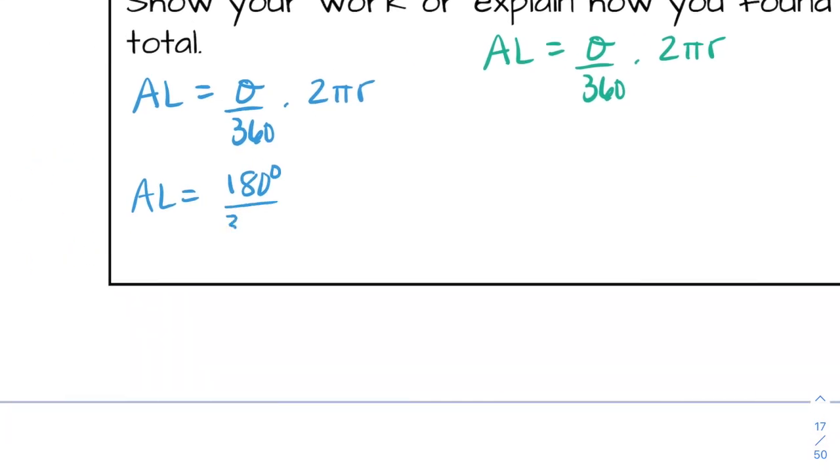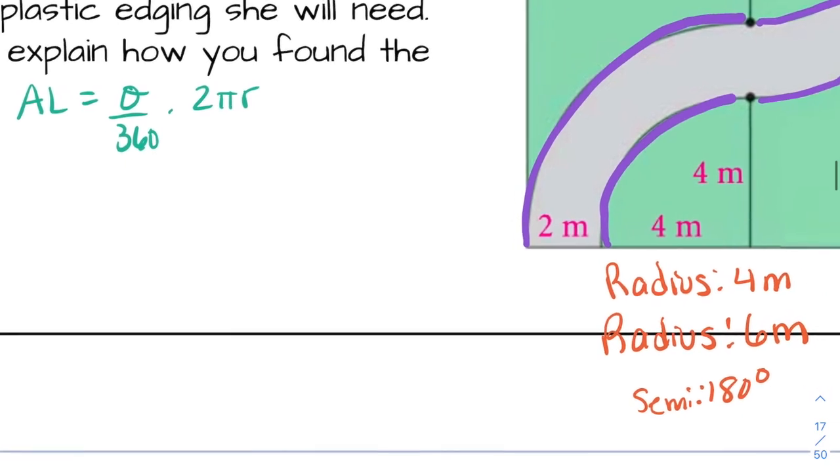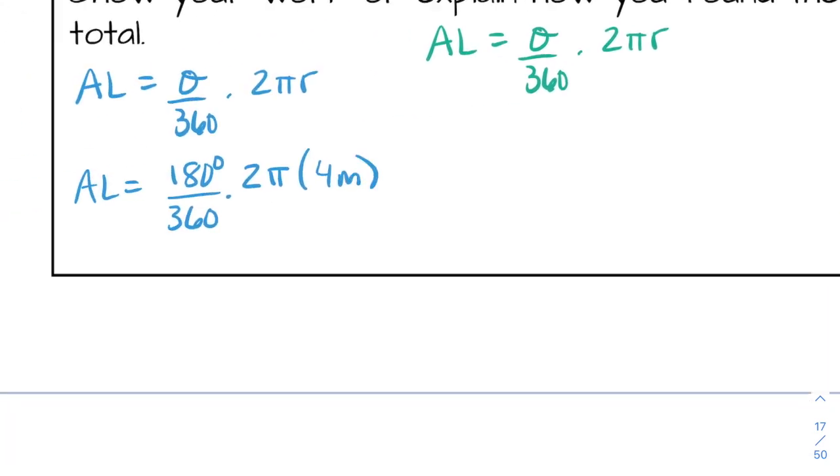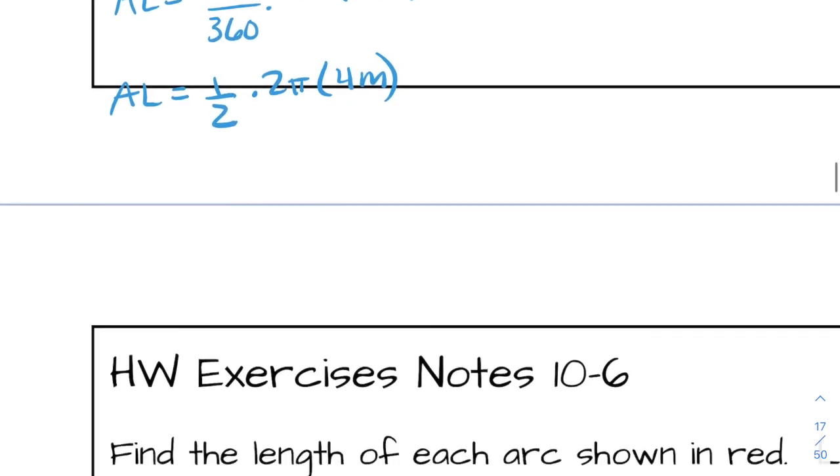So 180 over 360 times 2 pi 4 meters. Arc length equals half of 2 pi 4 meters. 2 times 4 is 8, so half of 8 is 4. So it's 4 pi meters. So that's one of them.